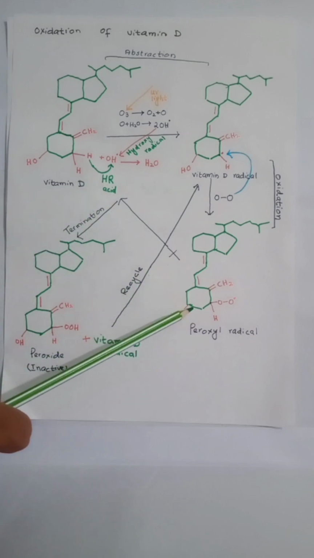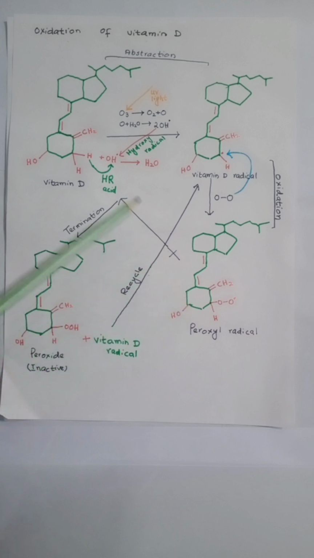This peroxyl radical again attacks a healthy vitamin D molecule and makes two molecules. One of them is a peroxide molecule, the inactive form of vitamin D. It is inactive because it contains a highly polar group and vitamin D is lipophilic in nature, so attachment of this polar group makes vitamin D inactive.